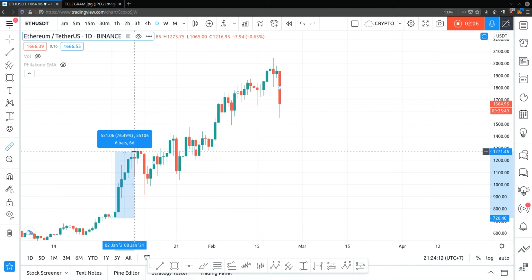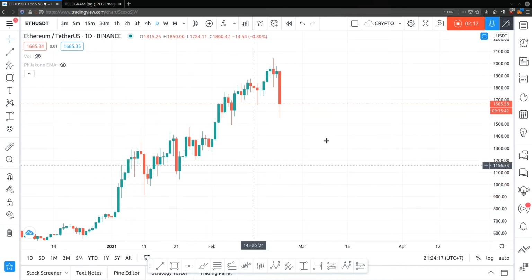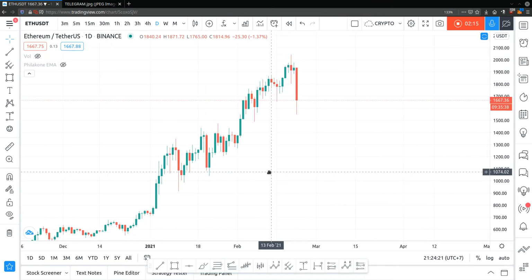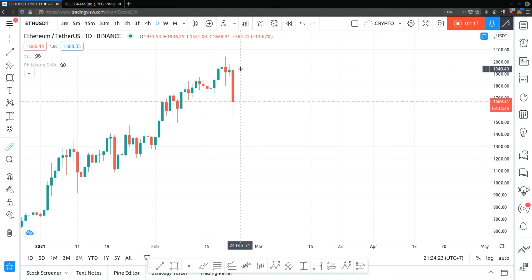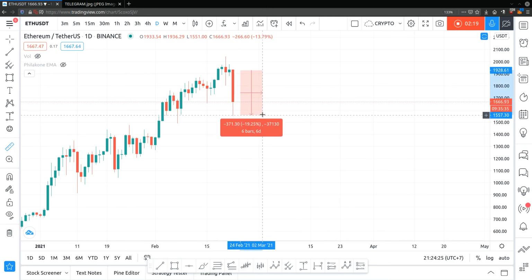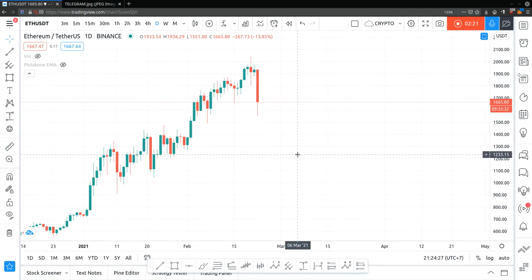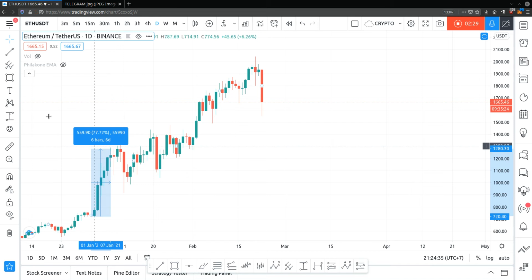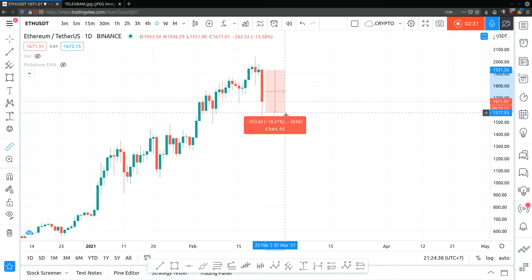So perhaps there was good news about something on Ethereum. People bought, and it pumped and it pumped and it pumped. And look at this candle right here that has dipped 19%. Again, people panic selling. So when you see these big candles, just think of a bunch of people screaming to buy, and this is a bunch of people screaming to sell.